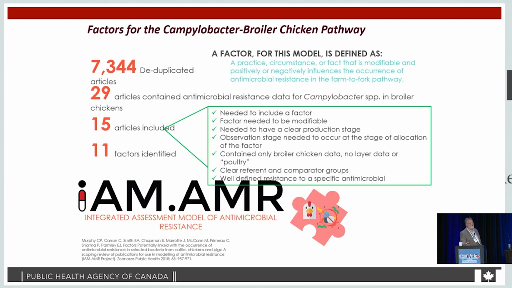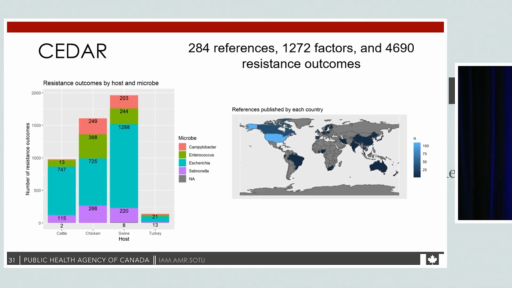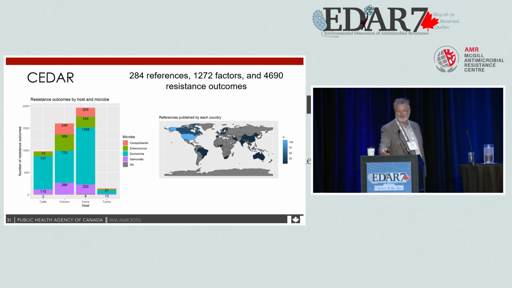So that looks like not very many papers, but just to look at the Campylobacter broiler chicken pathway, to get 11 factors out of 15 articles, we reviewed 7,344 papers. So that previous slide, to get 284 eligible papers, was many more thousands of papers actually assessed.